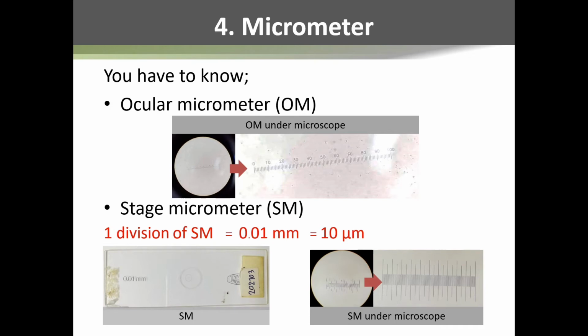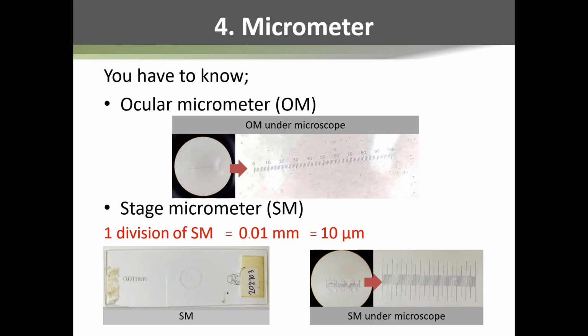The second method to measure the size of a specimen is by using micrometers. You will practice how to use division scales from an ocular micrometer for measuring the size of specimens. You need 2 pieces of micrometers for microscopic measurement.